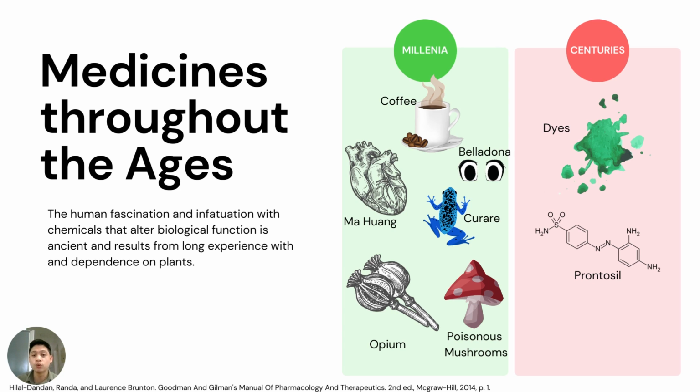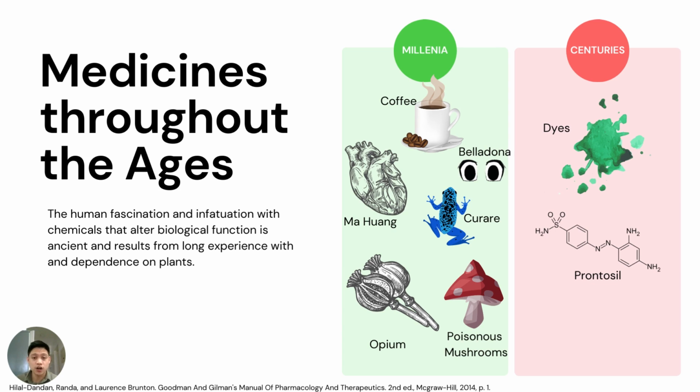And that is due to the effects of atropine, Atropa belladonna, on the iris and muscles that control pupillary dilation, so that they would have bigger pupils. And that will be perceived as something more beautiful.